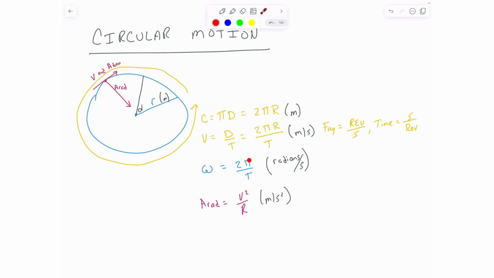So it's 2 pi, which is how many radians you're going to do per second. 2 pi is 2 times roughly 3, which is roughly 6 radians per second. And that's your angular velocity.